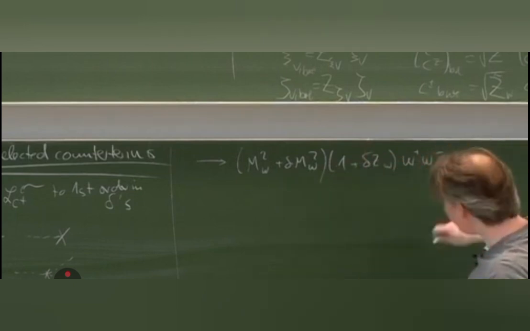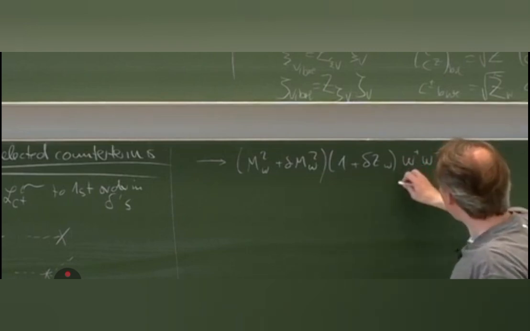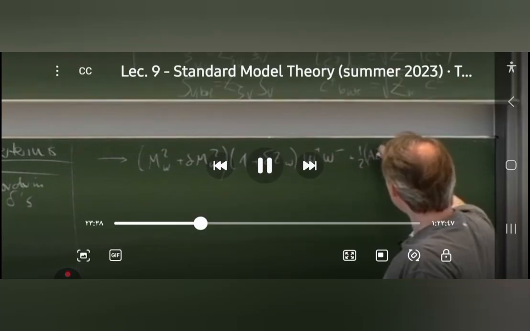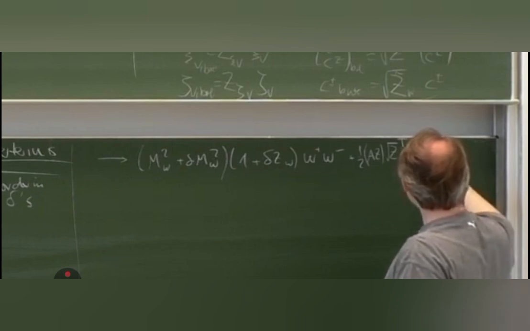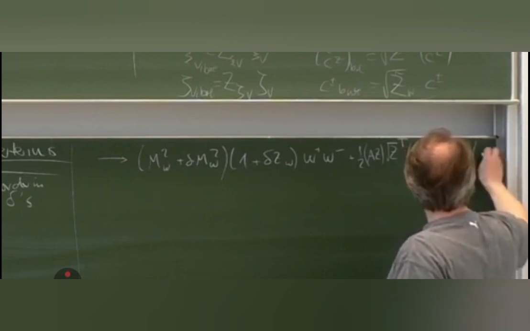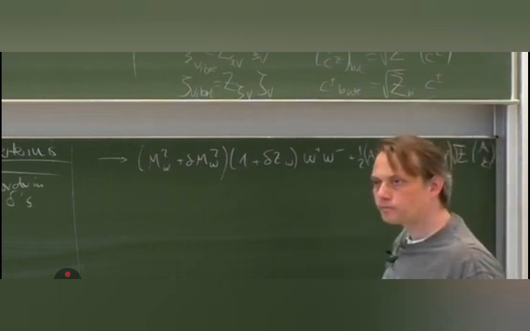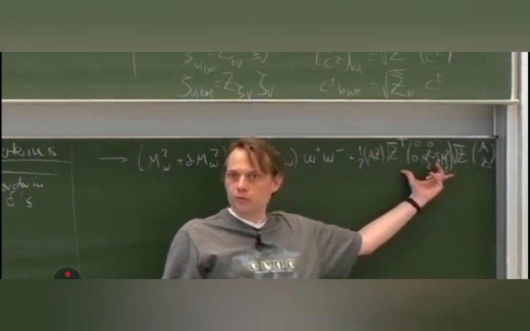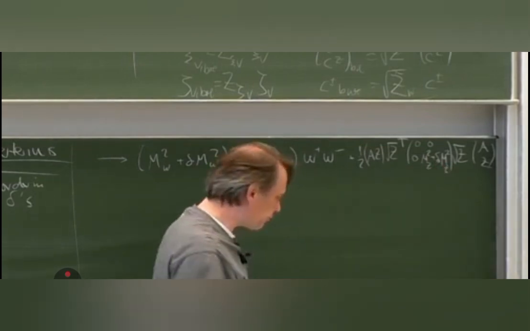Then for the photon and Z field it becomes messy, plus 1/2. So, and now we have here photon Z times, let me simply say, square root of this Z matrix transpose times this matrix 0, 0, 0, mZ squared plus delta mZ squared times square root of the Z matrix times A Z. And then we have here a product of 3 renormalization constants, and this product needs to be expanded up to first order.